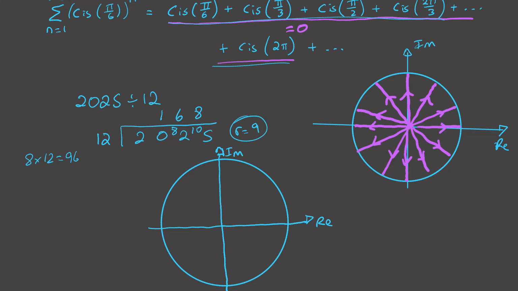And then the ones we're going to have are here, here, here, this one, this one, this one, this one, and this one. That's 9 of them.